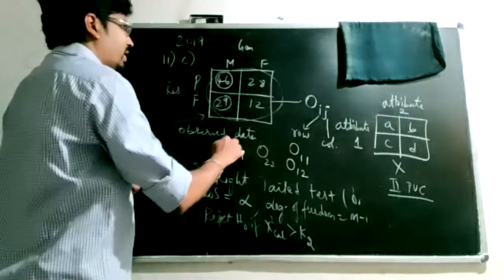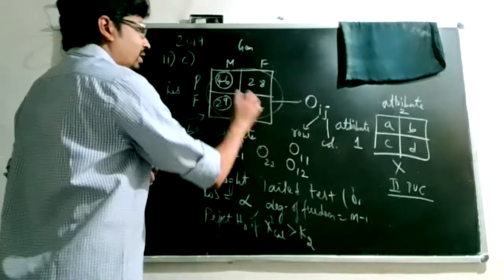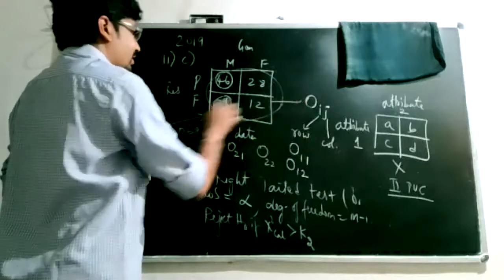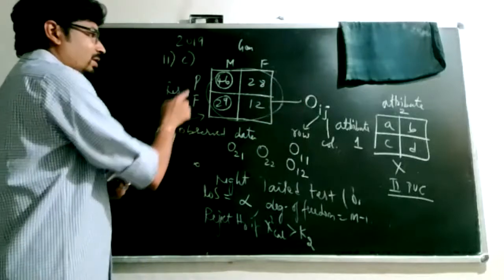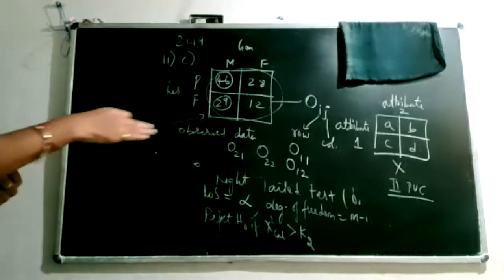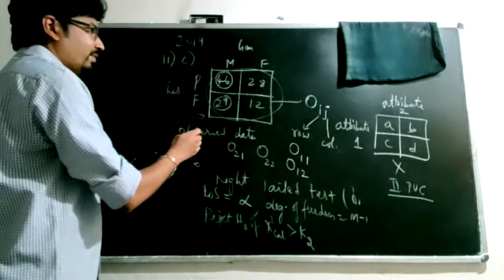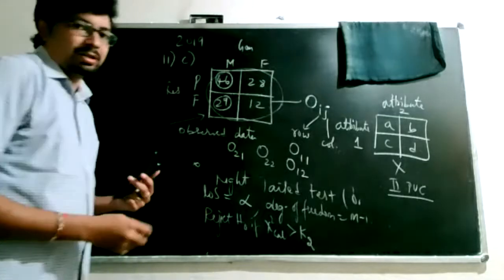Now, this is a simple case. You can have a case where I could talk about a third gender. In that case, your gender has 3 cases and result has 2 cases. If you want to split the pass class into first class, distinction, and second class, then you can have 4 categories for result and 2 categories for gender.